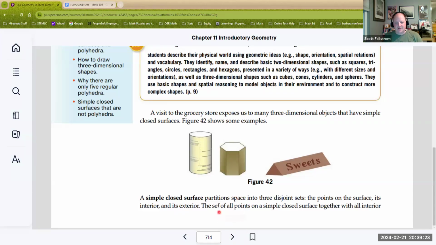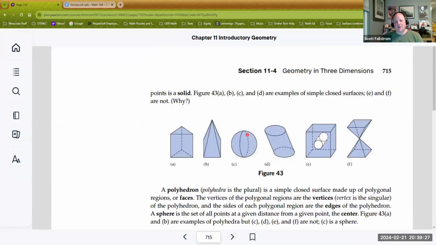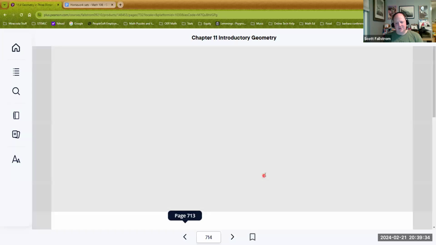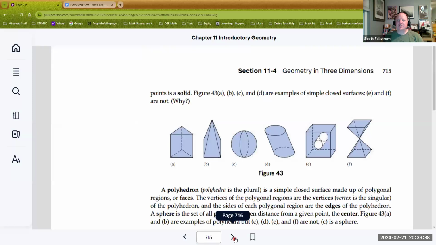The set of all points on the surface together with all the interior points is a solid. So if you filled the interior up with water, then the water that's inside and the shape holding the water in is a solid shape.